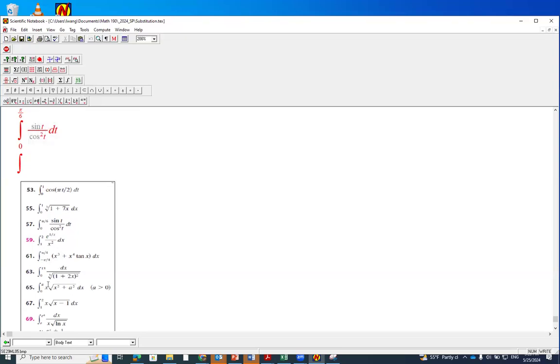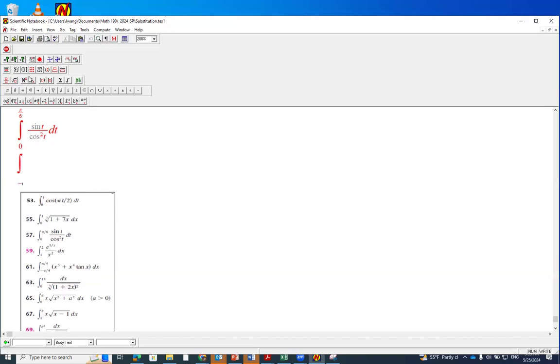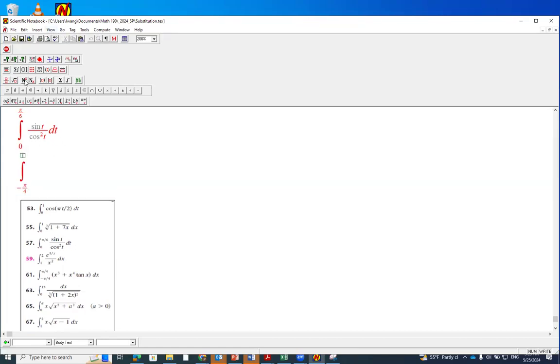We have the interval is from negative pi over 4 to positive pi over 4. Boom.